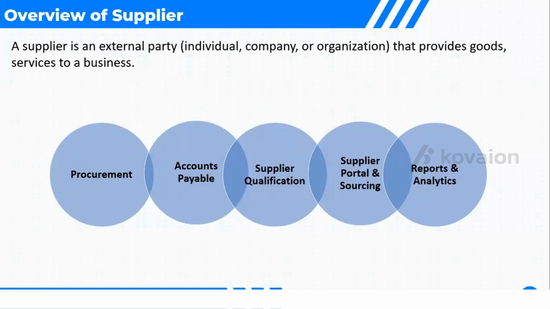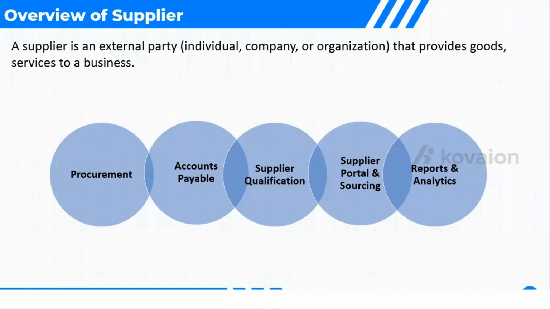It allows the supplier to register and update their details, view purchase orders, and submit invoices online. It also enhances supplier collaboration and transparency. In supplier sourcing, suppliers participate in sourcing events such as auctions, RFIs, and RFQs, and evaluate and award the contract based on supplier responses.